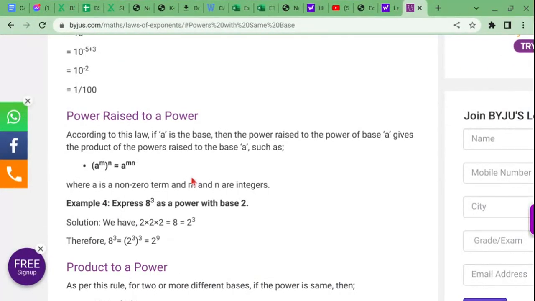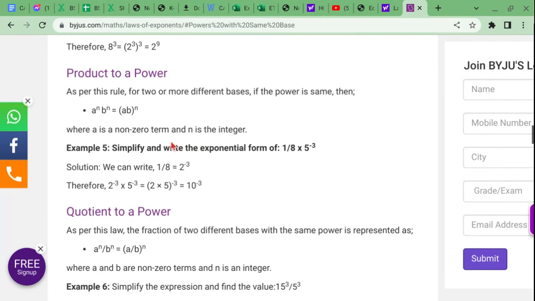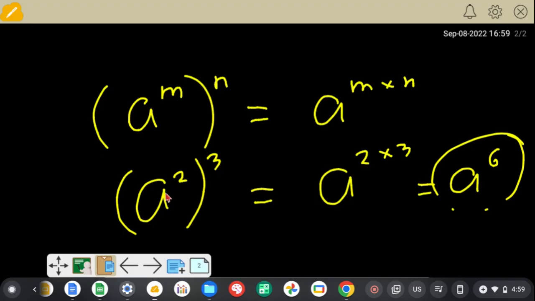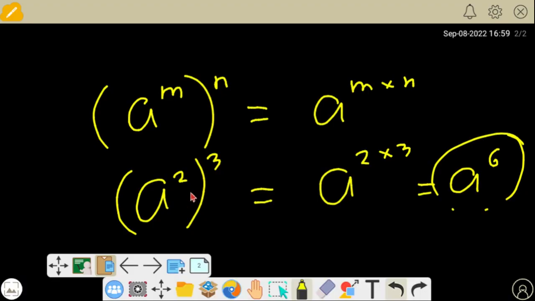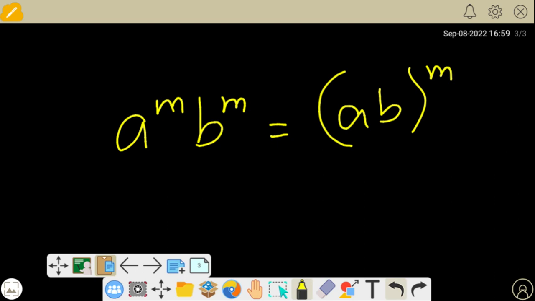Next, we have also the product to a power. So what is product to a power? If we have a raised to m times b raised to m, this can be written as a times b, all raised to m.